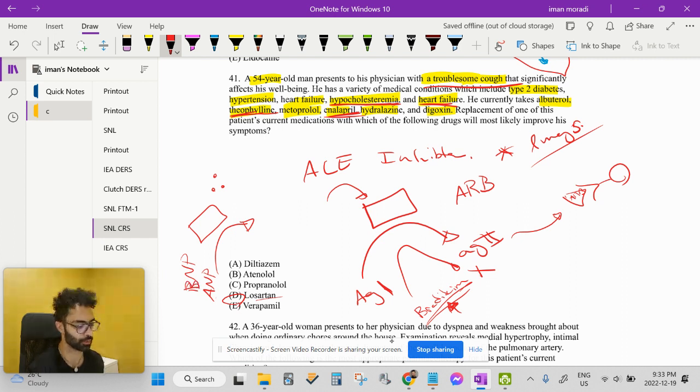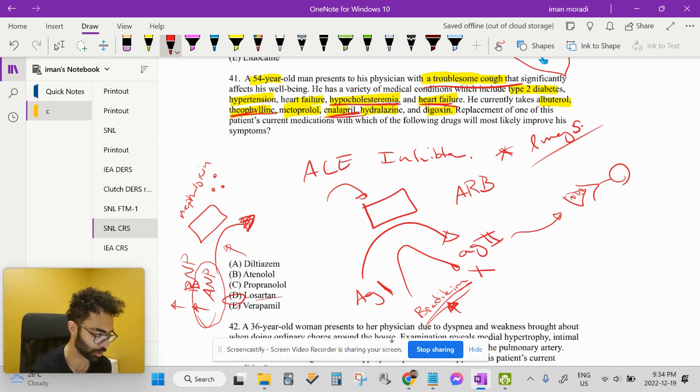So when it's inhibited, we get high ANP and BNP, which is really beneficial for heart failure. Same story here: when this is blocked, we can't use an ACE inhibitor with it, so we use an ARB with it.